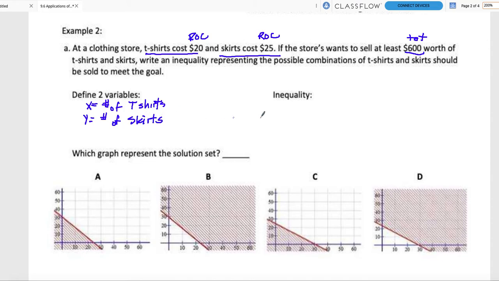All right, so right now I know that a t-shirt is $20, so 20x plus a skirt is $25. And there's going to be some kind of inequality, and I've got a total of 600 right here. All right, let's go find our phrase that says what our inequality is going to be.